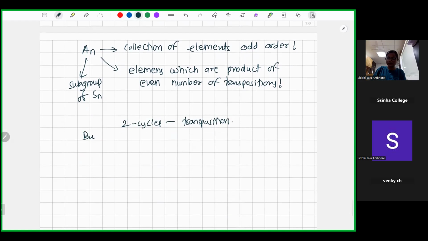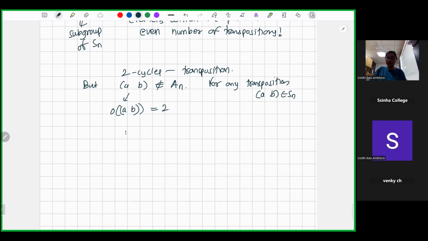But a transposition does not belong to An for any transposition, because An is a collection of elements of even permutations. The order of (a b) is 2, so it does not belong to An.